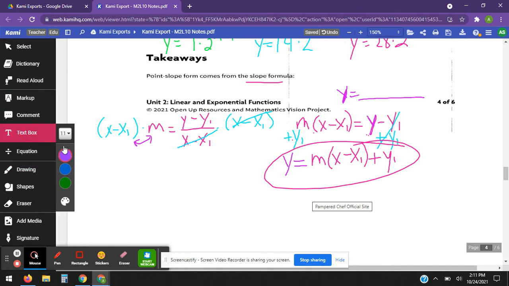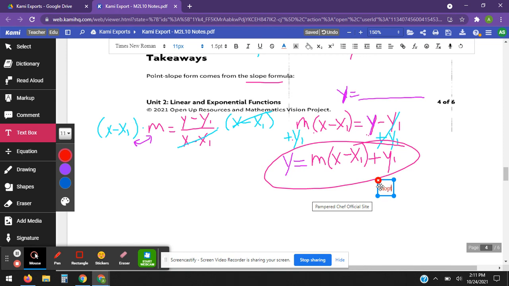This is our slope point equation that we have put in our vocabulary.